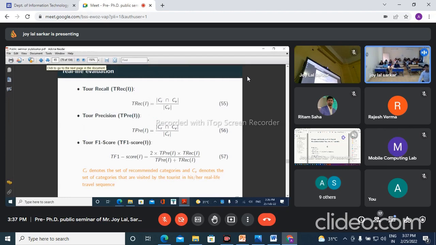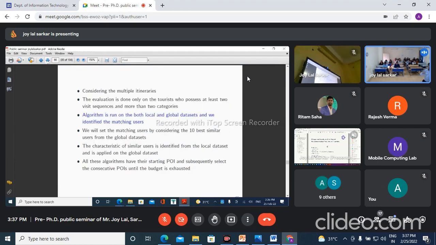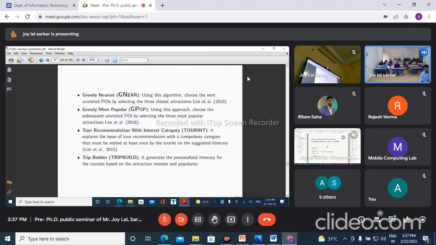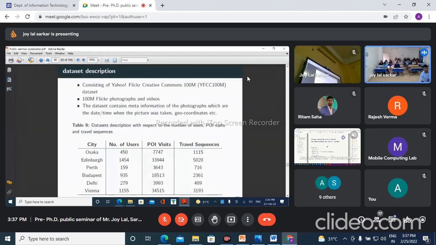And this is my recall, precision, and F1 score. Actually, a lot of other calculations are there, which are in my paper. I have not mentioned them for the sake of simplicity. So like you can see, these are the parameters I have considered here. We have run our algorithm on the global data set, and also Genia is all based on what I have calculated. This is my database detail.